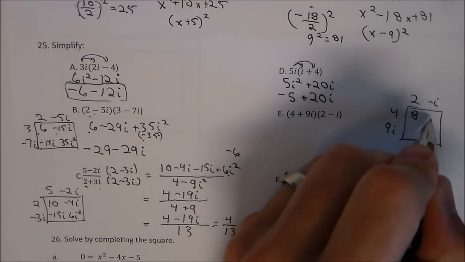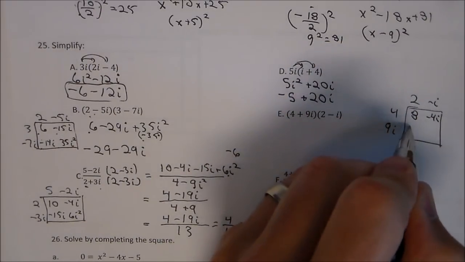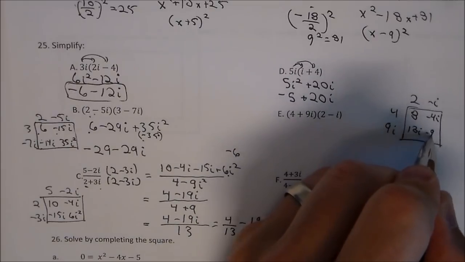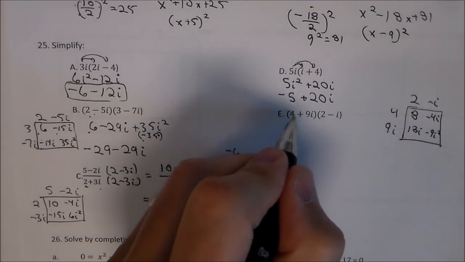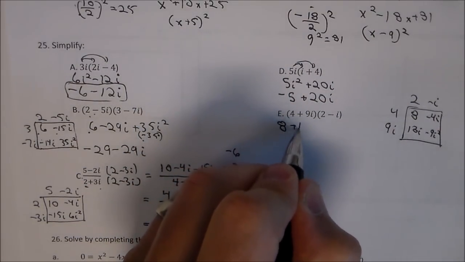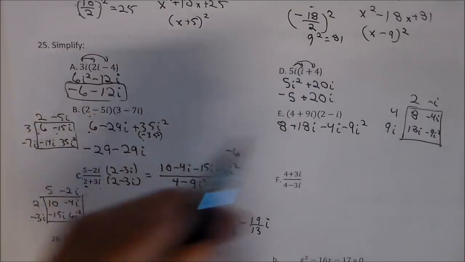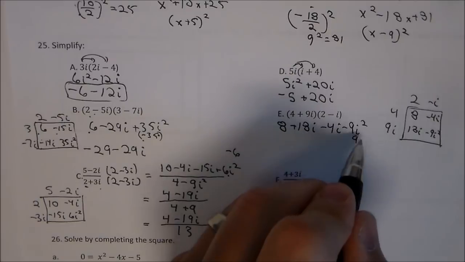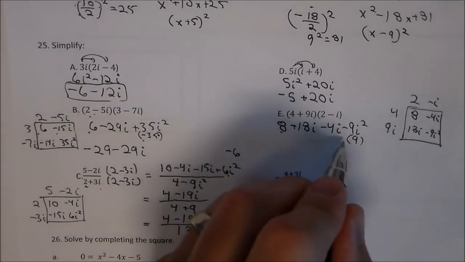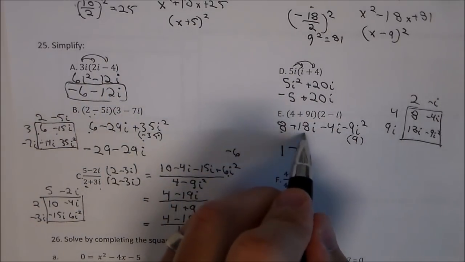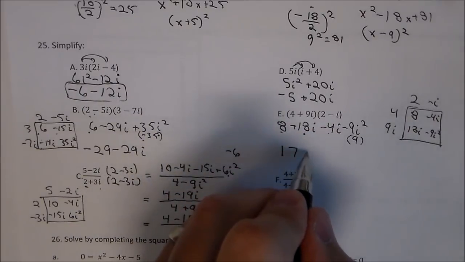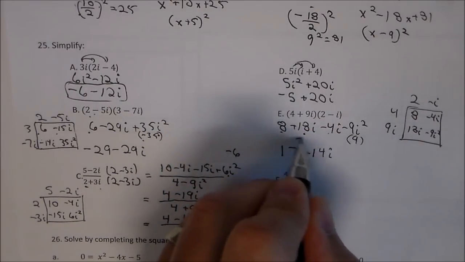We get 8 minus 4i, 18i, and negative 9i squared. Writing that out, it's 8 plus 18i minus 4i minus 9i squared. Negative 9i squared becomes positive 9, so 8 and 9 is 17. 18i minus 4i is 14i.